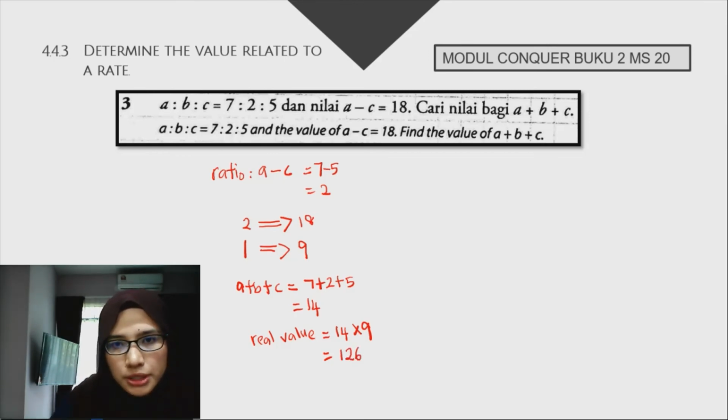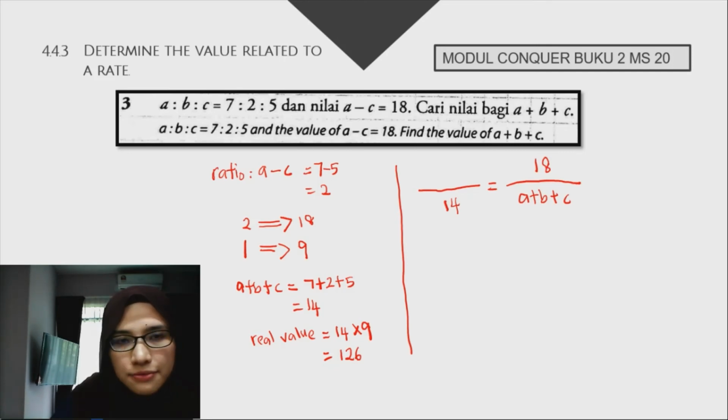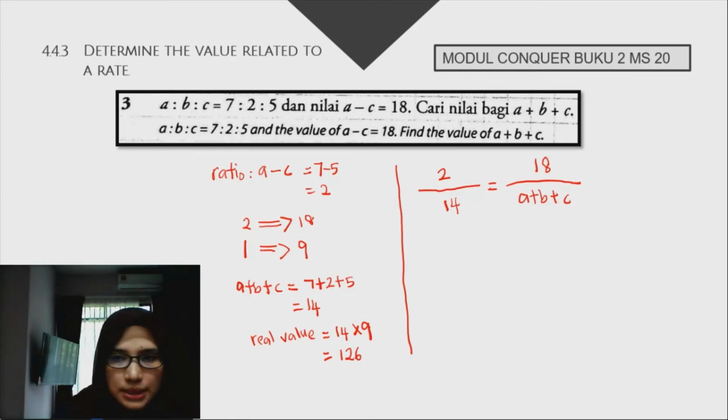If you want to use proportion also, you can always do so. But if you use proportion, you must make sure you are writing the correct value. So here 14 is the total ratio, and a minus c in ratio is 7 minus 5 is 2. So you cross multiply, you will get the same value, a plus b plus c, 126.